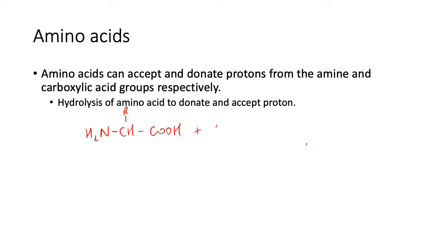This is not taking into account the R group, because the R group can do different things. Let's say it's donating a proton, it's going to turn into H2N CH with the R group, COO minus plus H3O plus.